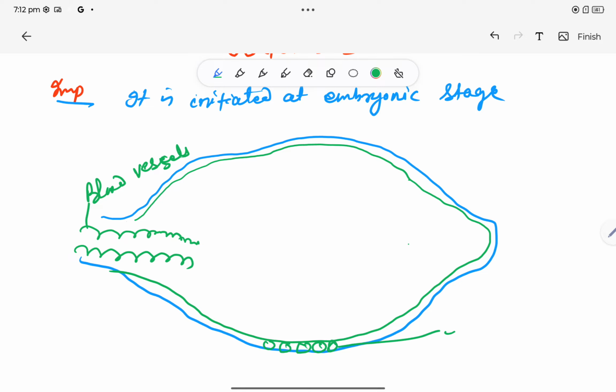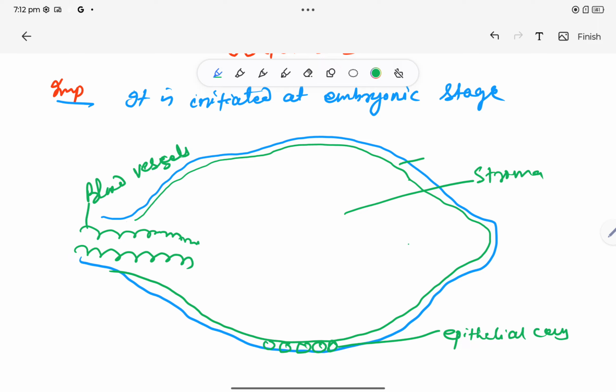So these are epithelial cells. Now, as the process of oogenesis takes place, let me remind you that the ovary is differentiated into two parts: the outer epithelial lining and the middle part, known as stroma.